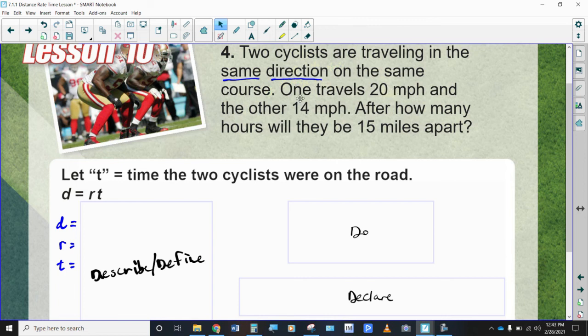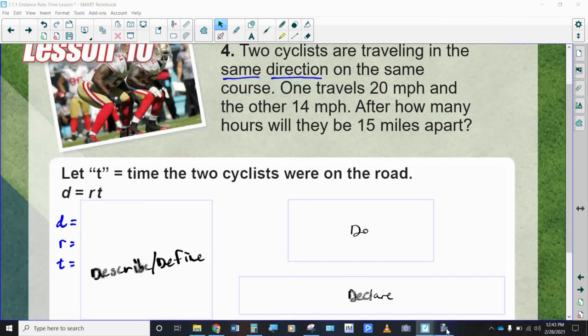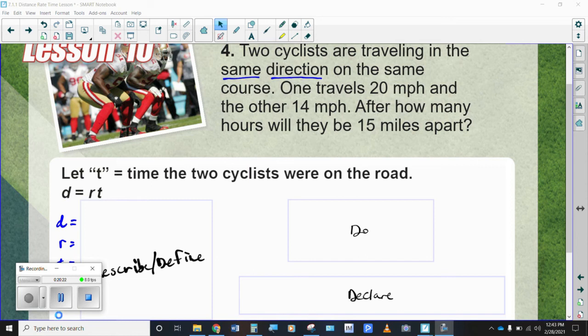One travels 20 miles per hour, the other one travels 14 miles per hour. After how many hours will they be 15 miles apart? Take your time on this one, okay? This can be a little bit tricky, but it is logical. And I'll explain the logic if you struggle with it. And if you don't struggle with it and you get it, congratulations, good work. Okay, so go ahead and pause it and see if you can work this one out.